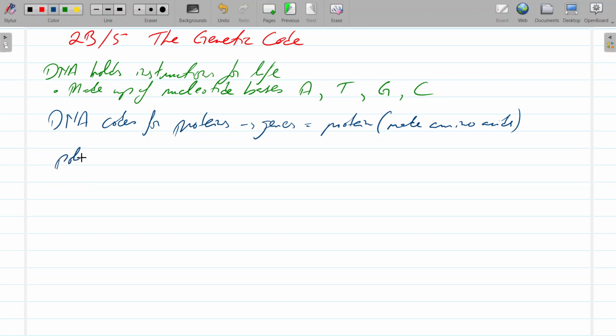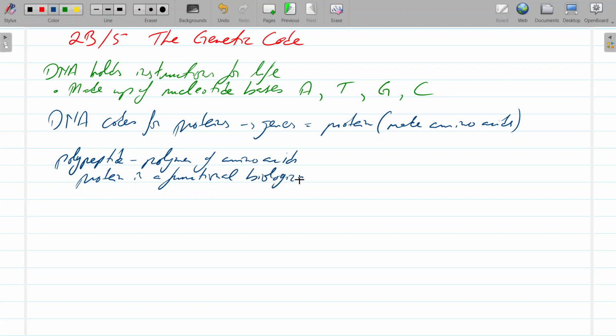A polypeptide is a polymer of amino acids, and a protein is a functional biological molecule made of amino acids.